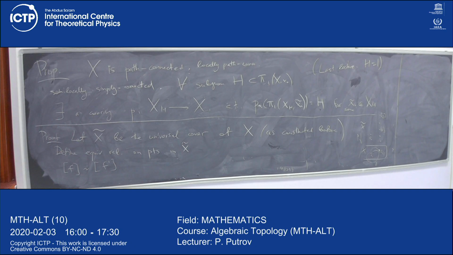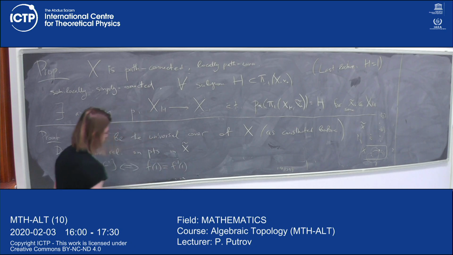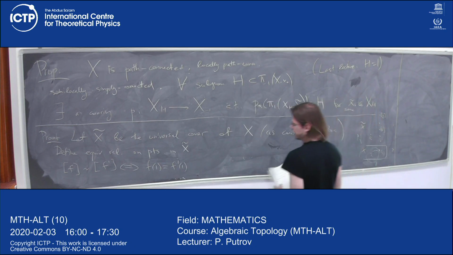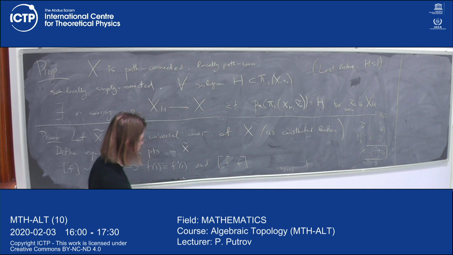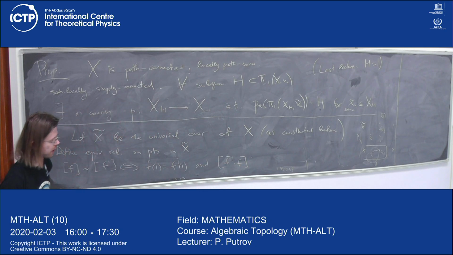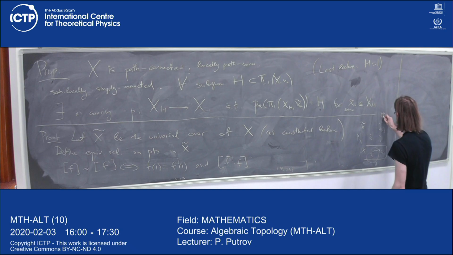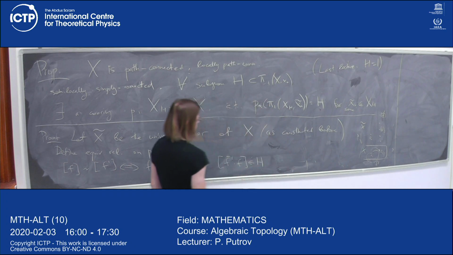So two homotopy classes of paths, F and F prime, are declared to be equivalent, first, if they have the same endpoints, so in particular they are both in the preimage of the same point in X, and second, if the class of the composition, F followed by F prime bar, which will be a loop in X, is an element of my subgroup H.